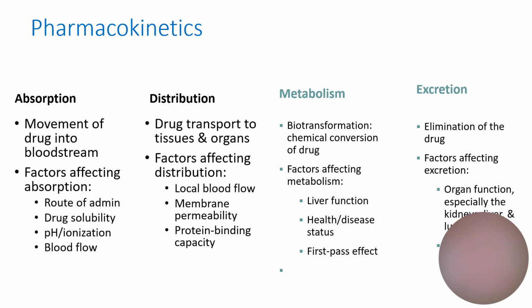Factors affecting metabolism, liver function, that's one of them. So remember that if the liver function is impaired, like liver disease, cirrhosis, hepatitis, things like that, or just normal aging, the drug can eliminate more slowly, which means it could become toxic.